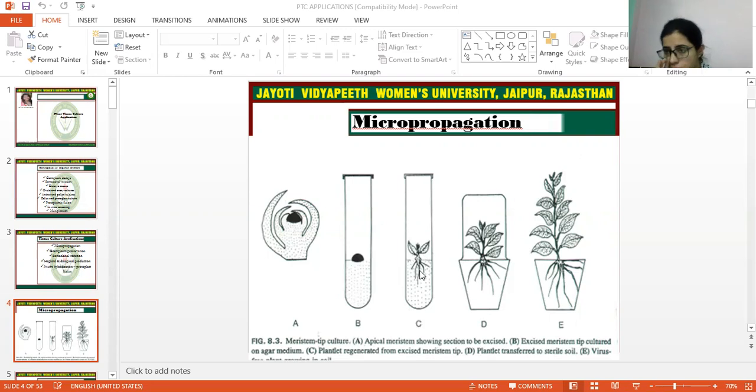After the completion of in vitro propagation, you shift these plantlets into the hardening process.